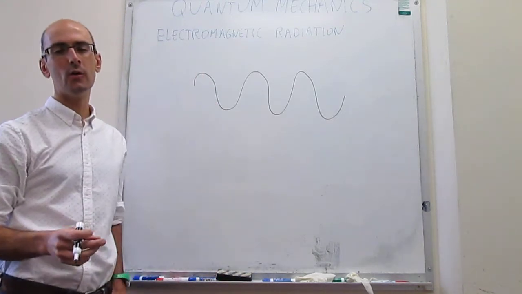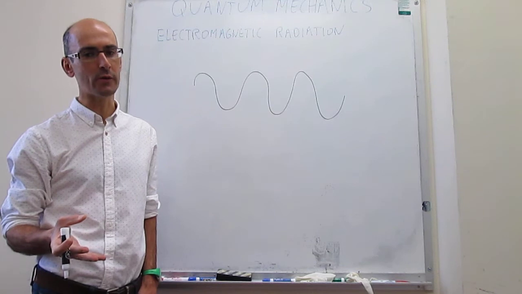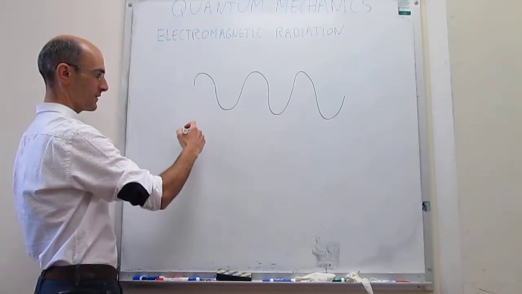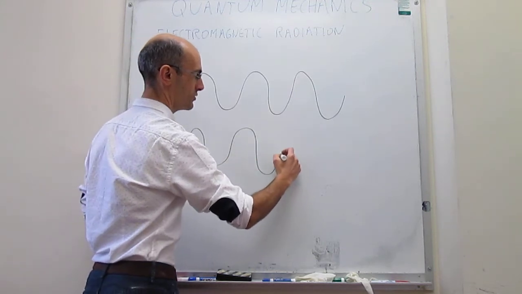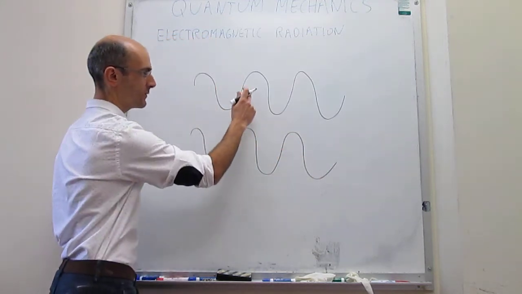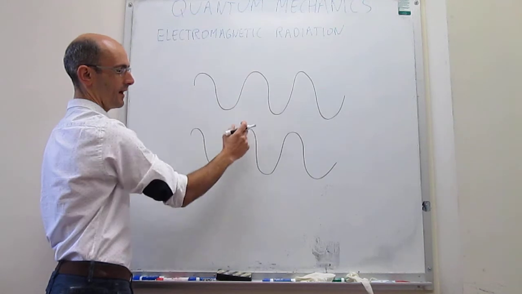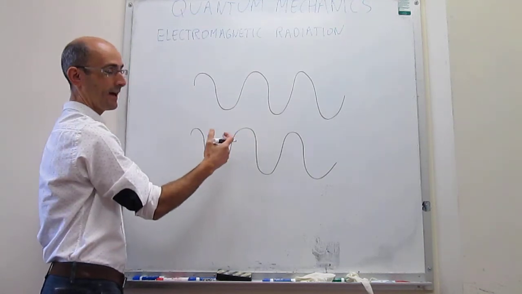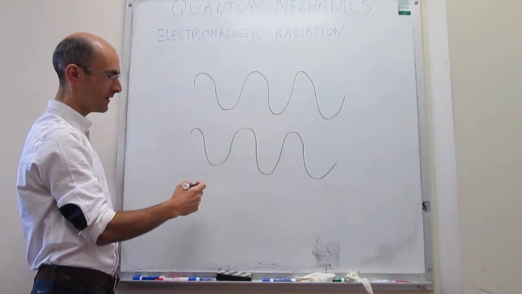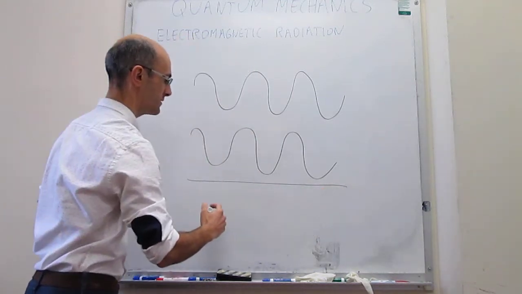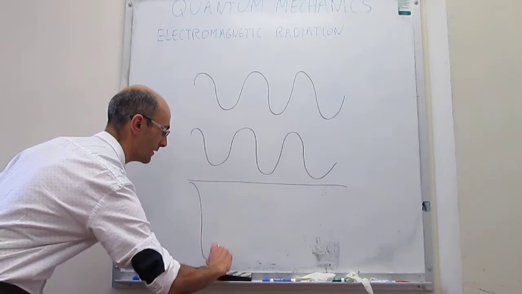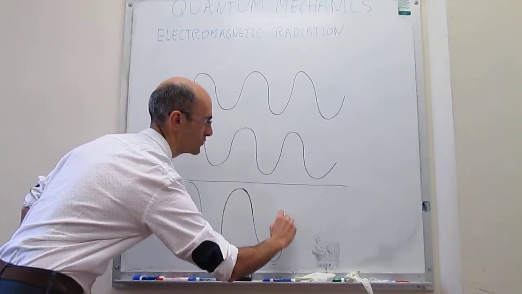We know that waves can interact with other waves. For example, if you have two waves that are interacting in this manner, in which you can see that the time at which the amplitudes and the values are appearing is in phase, is at the same time, then the result of this would be an amplification of the wave. So what you have is that the resultant wave would be the sum of those two waves.